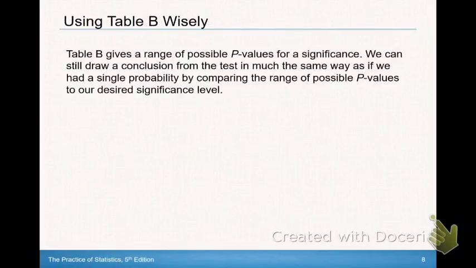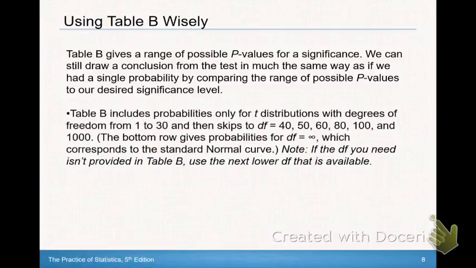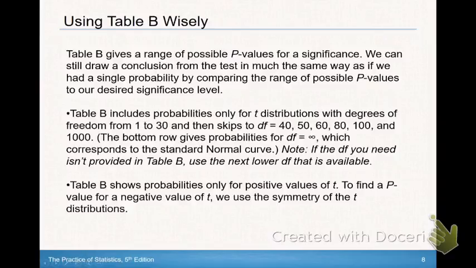If we use Table B, we have to make sure of a few things. Table B gives a range of possible p-values for a significance test. We can still draw a conclusion from the test in much the same way as if we had a single probability by comparing the range of possible p-values to our desired significance level. Table B includes probabilities only for t distributions with degrees of freedom from 1 to 30, then it starts skipping and goes 40, 50, 60, and so on.